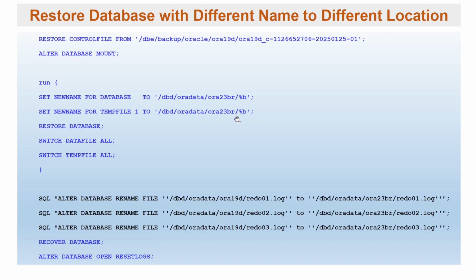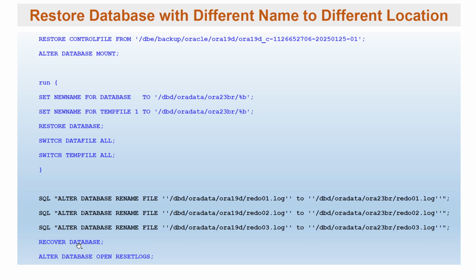Now, remember one thing: before recovering the database, you have to rename the redo log files, because if you see here, we have not mentioned the redo log conversion. So before we recover the database, we have to rename the files. If you don't do this, you might end up overwriting the redo log files of your original database, or you may not be able to recover the database.